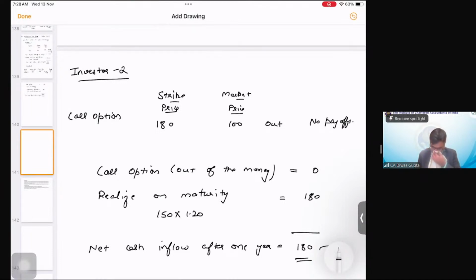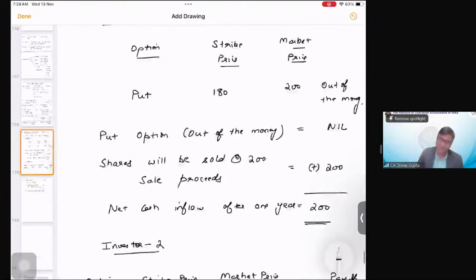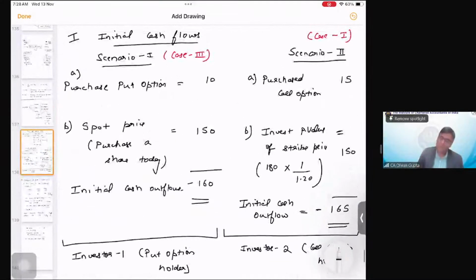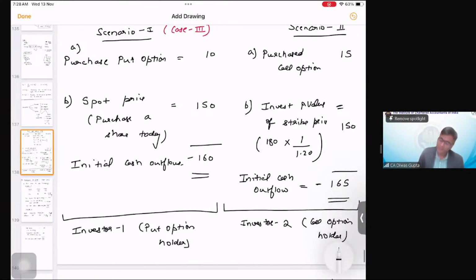I do not understand what is this 150 into 1.2, sir. How do we realize that 180? I'll tell you from the first cash flow. What did this investor 2 do initially?